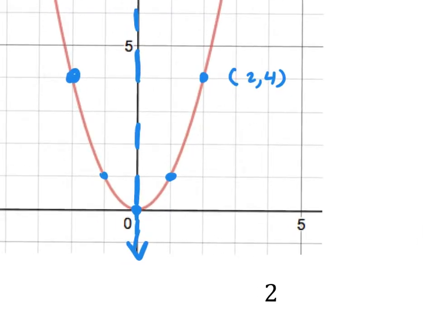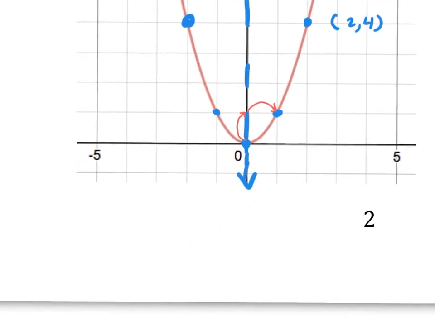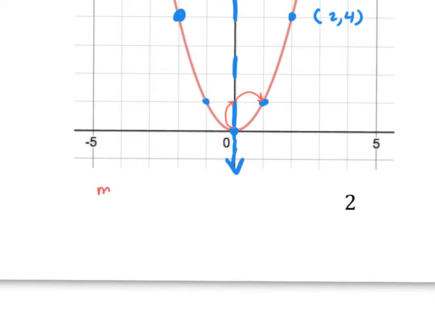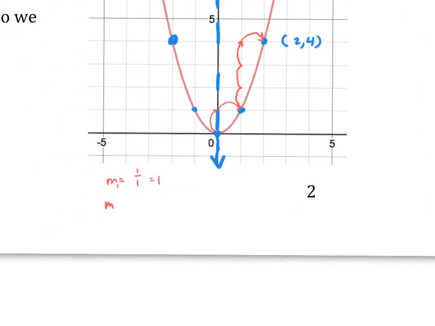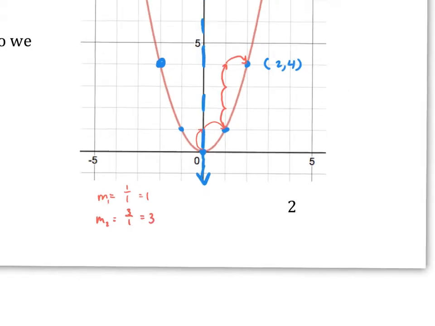All right, so watch the magic here. What happens when I want to get from this point to this point? Well, let's watch the counting. I go up 1, right 1. So if I do the initial slope, it's 1 over 1, which is simply 1. Now let me try that again to get to the next nice point. Up 1, up 2, up 3, and then right 1. So my second slope there is up 3, right 1, which is 3.